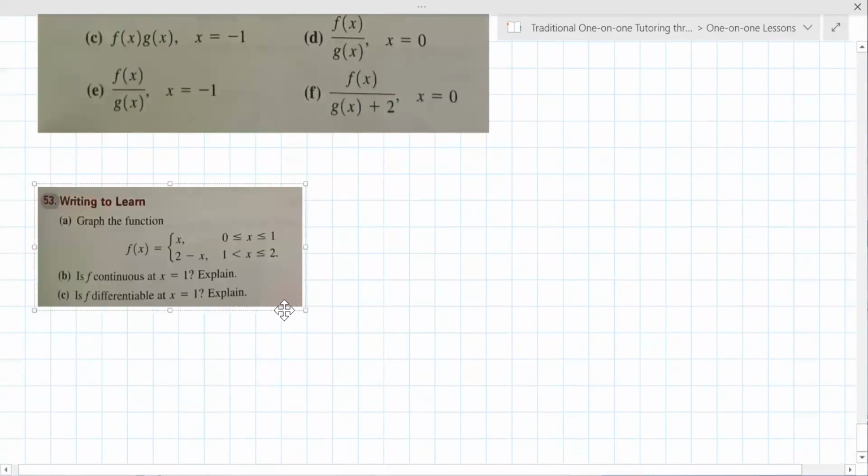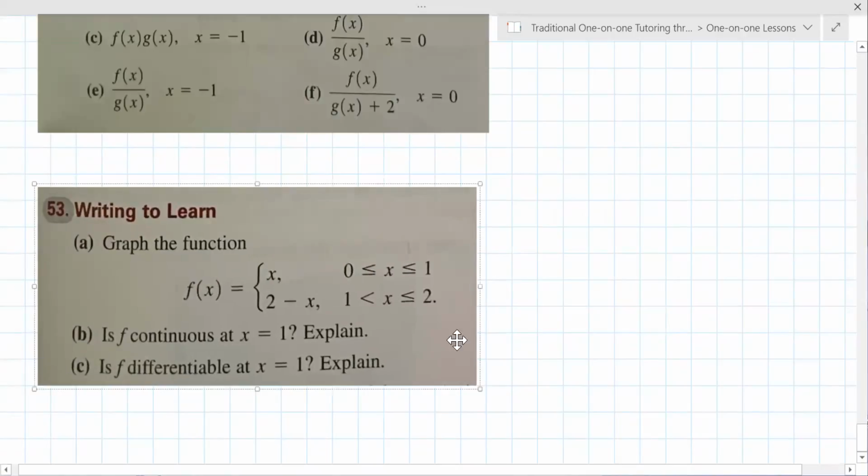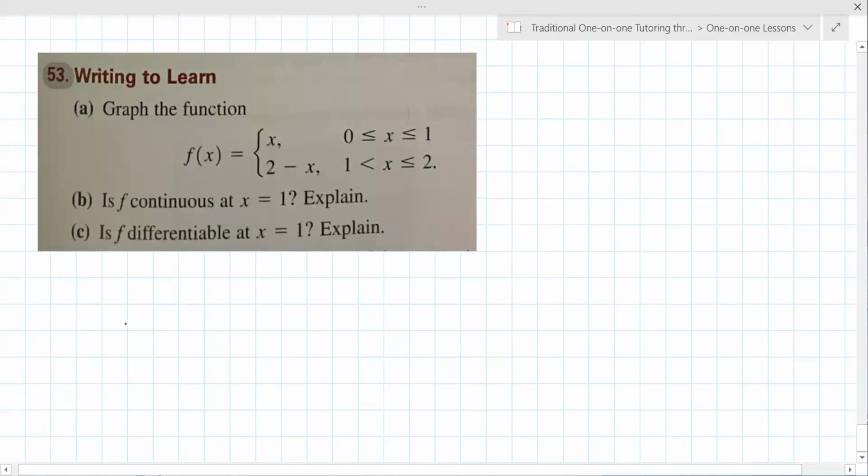There's this really important progression. I'll leave you with the following: if it's differentiable, that means it's continuous. This is always true.